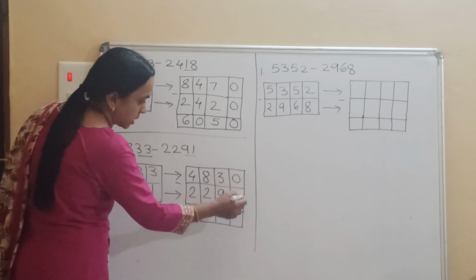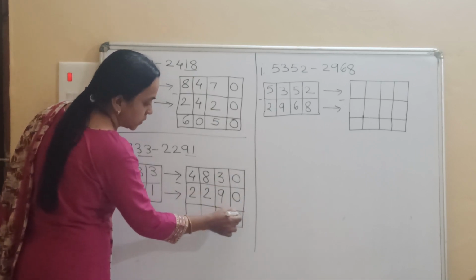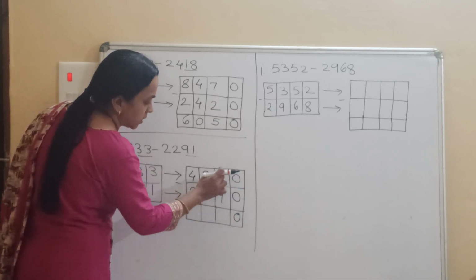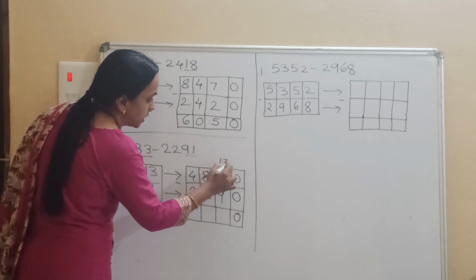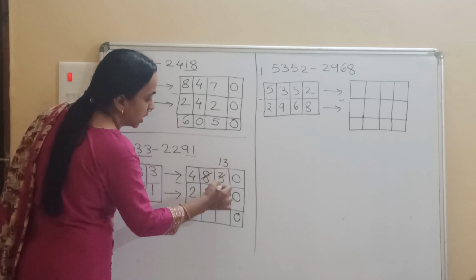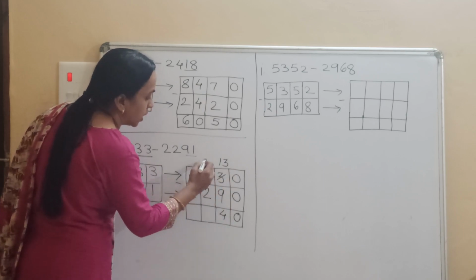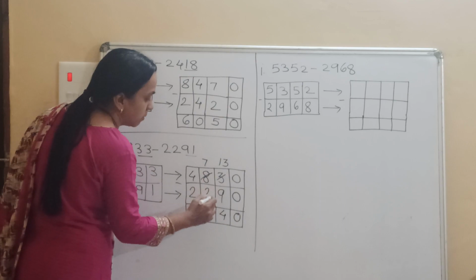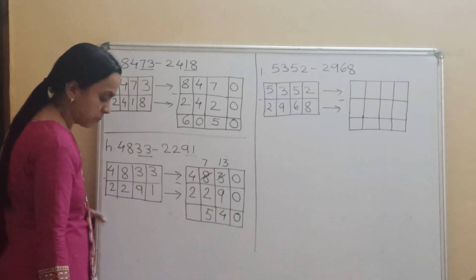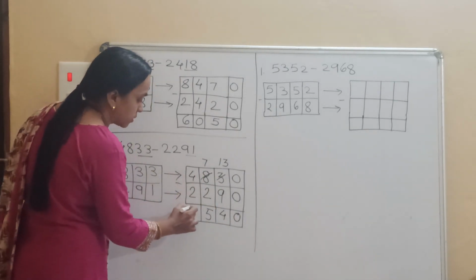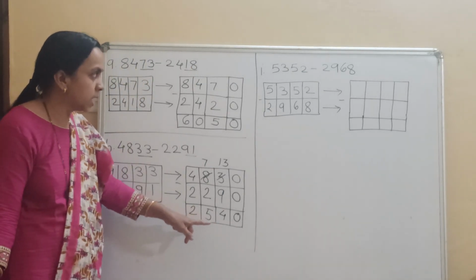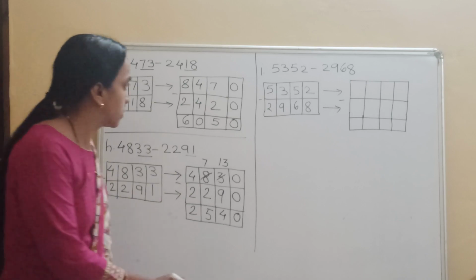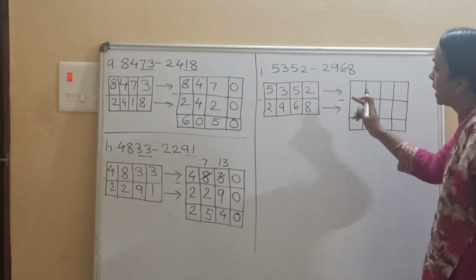So do the subtraction. 0 minus 0, 0. This 3 minus 9. Is it possible? No. So take 1 from this 8 and write down here 13. 13 minus 9, 4. 8 minus 1, 7. 7 minus 2, 5. So 4 minus 2, 2. So what is our answer? 2540.